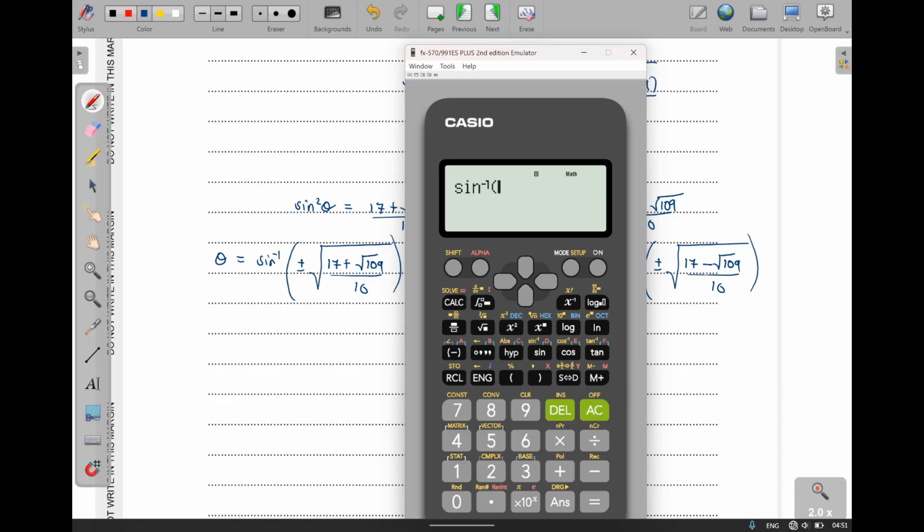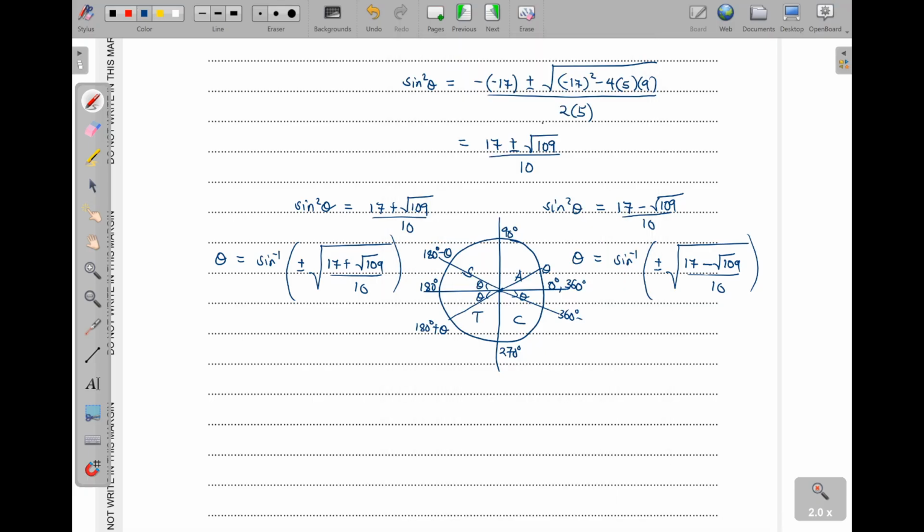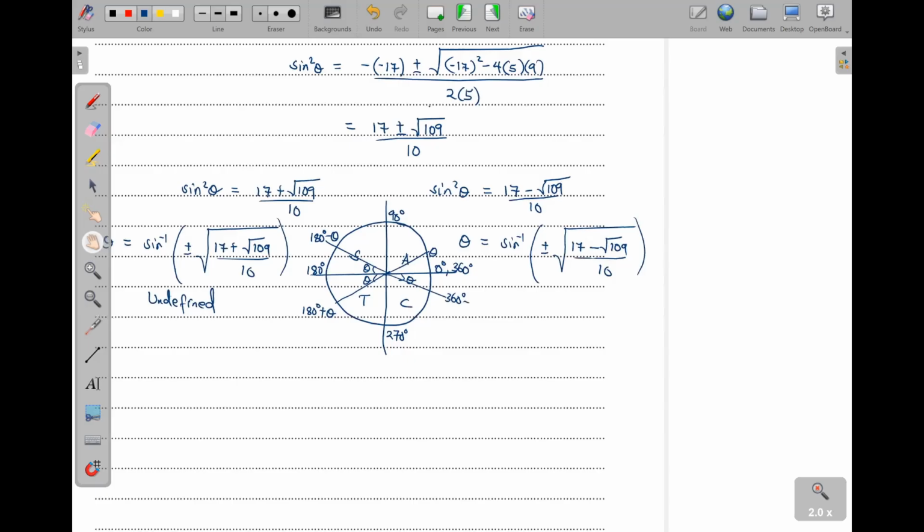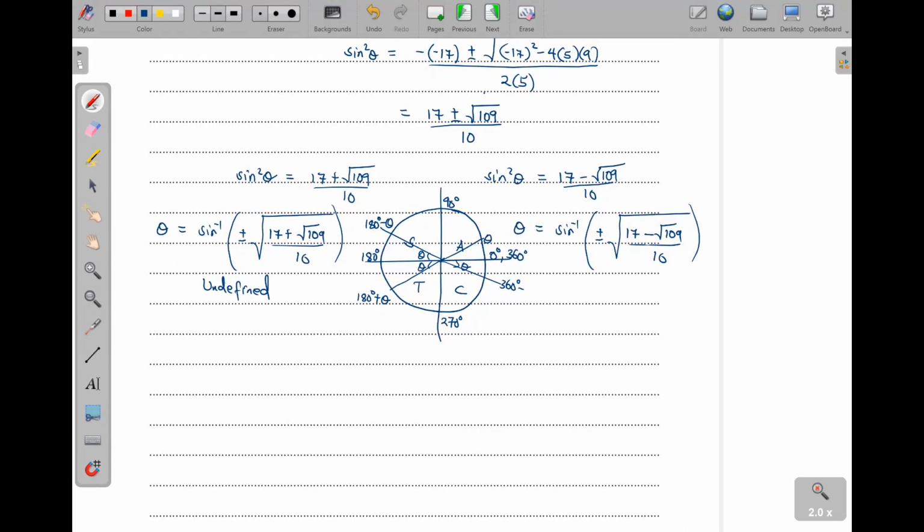Since sine does not exceed 1, if you take arc sine, let's say square root of this 17 plus root of 109, this one will automatically give you math error. Okay, so that means this one here, we leave it. Okay, we just write undefined, and then we focus on this one here.